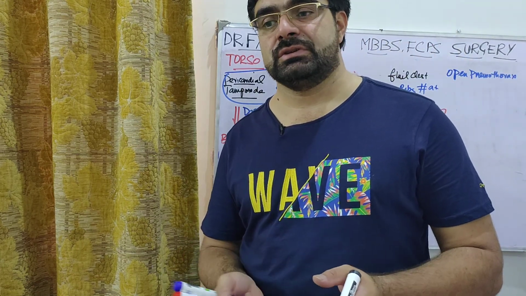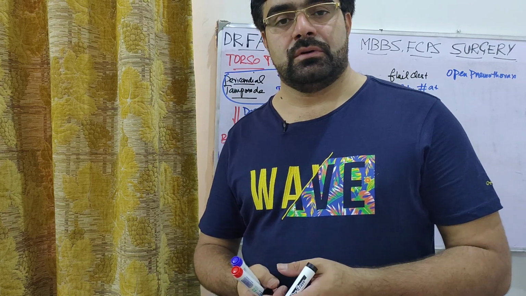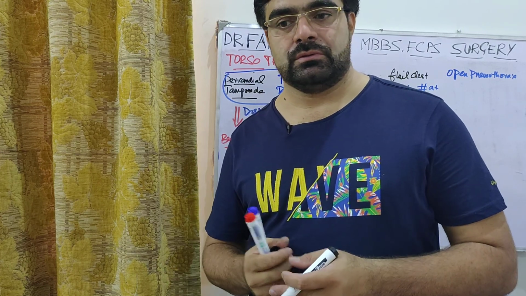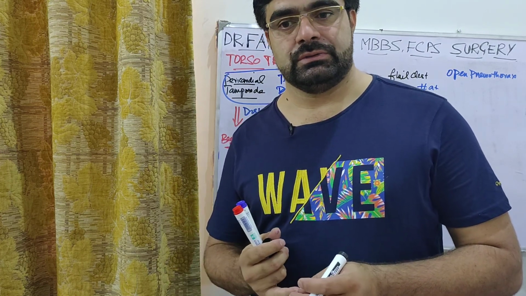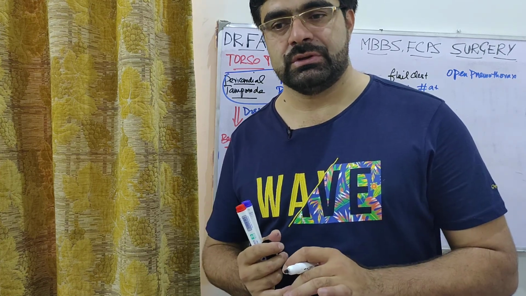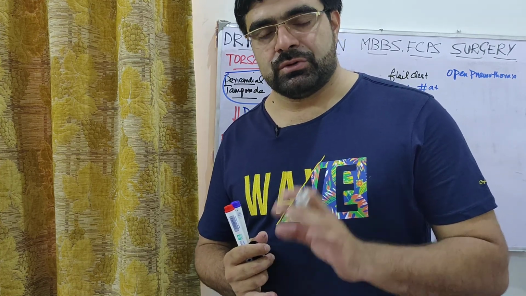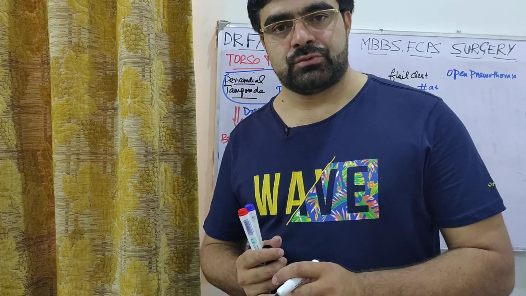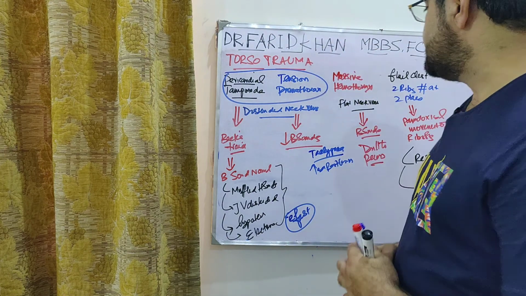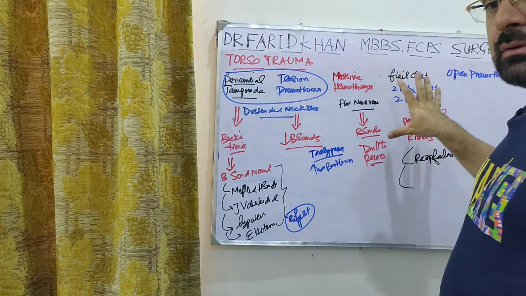Otherwise, management is simple: painkiller, intercostal nerve block, pleural analgesia, all these things. You just have to observe the patient. If there is a pulmonary contusion and the patient is going into type 2 respiratory failure, you have to put the patient on a ventilator. That is all about flail chest.